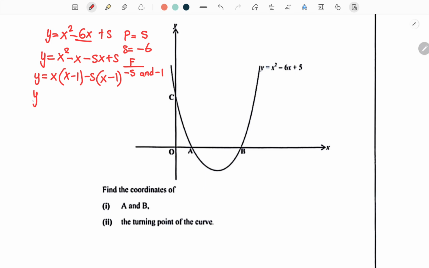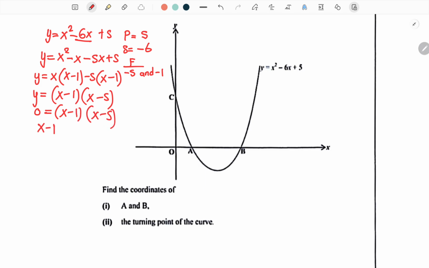So from there, we're going to have y is equal to x minus 1, and then the other side is going to be x minus 5. Now your y is equal to 0 here. So you're going to say 0 is going to equal x minus 1, then x minus 5.